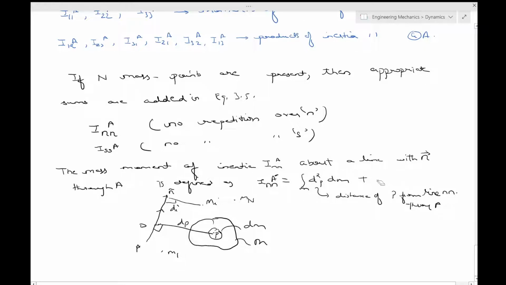I'm not putting that over there, but you can keep on doing this. Okay, so this is the meaning of INN of A. Now this quantity, if you just look at this integral, will always be greater than or equal to 0.